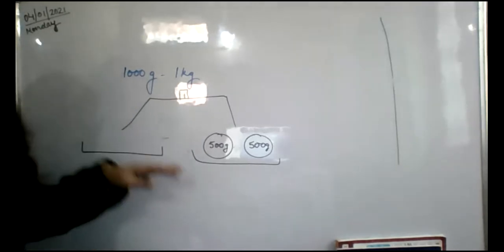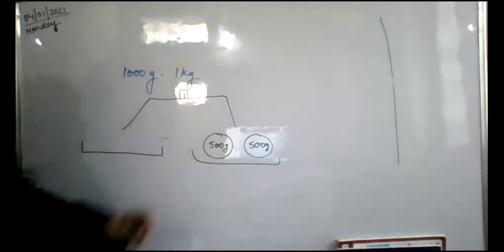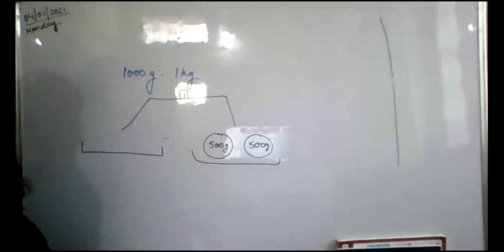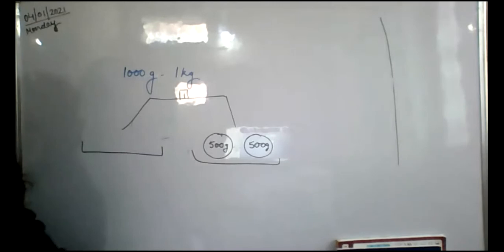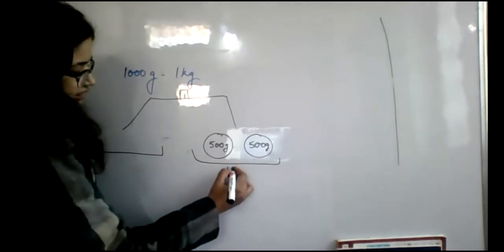Suppose this is a balance. I kept a 500 gram weight and a 500 gram weight on one pan. How many grams is the total? Ma'am, 1000. Total is 1000 gram.